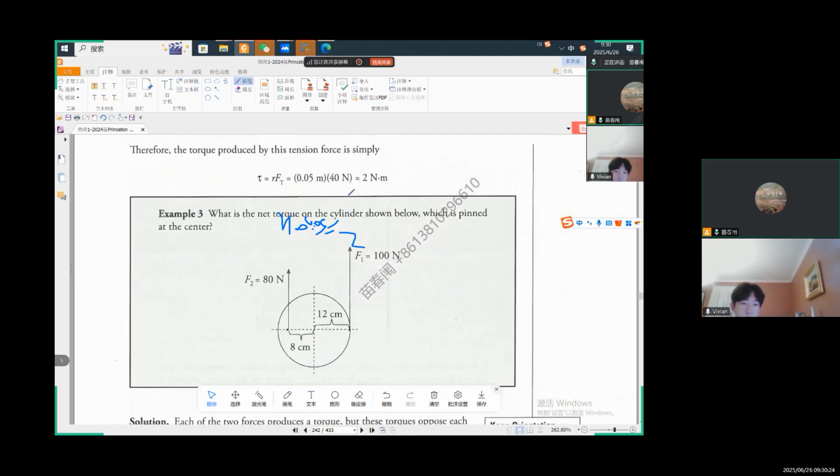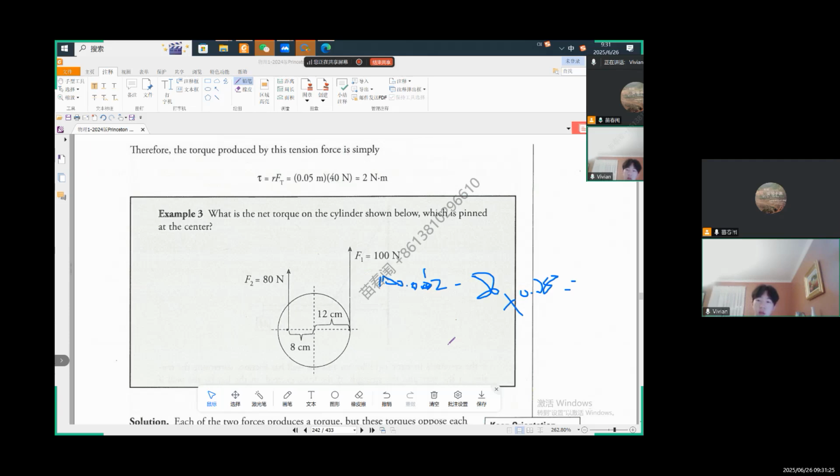Example 3. Torque on the cylinder. It'd be 100 times 0.12 minus 80 times 0.08, equals 12 minus 5.6.